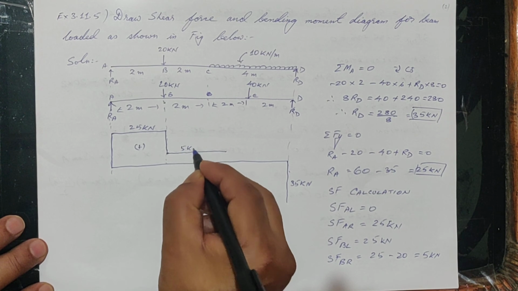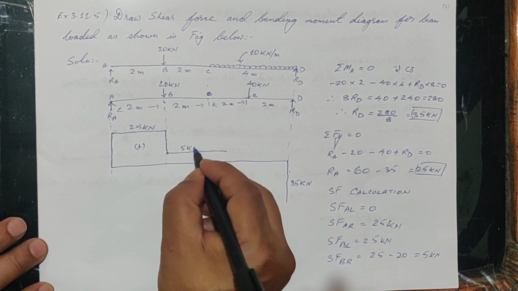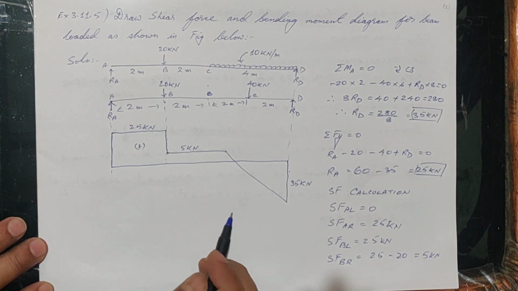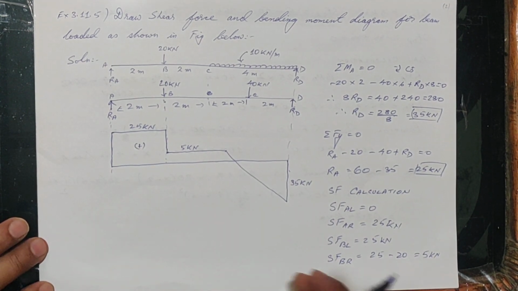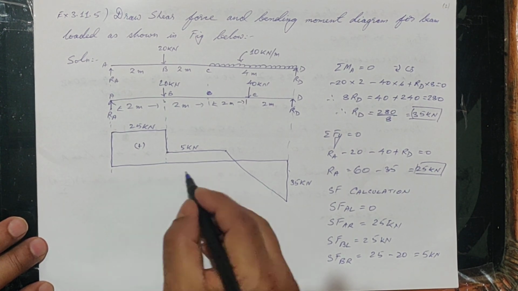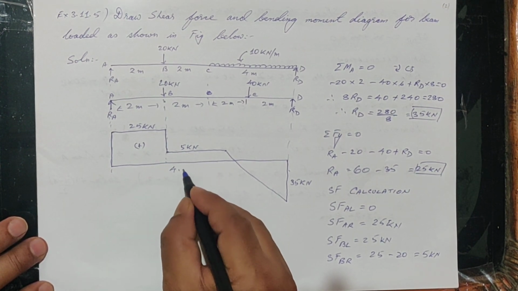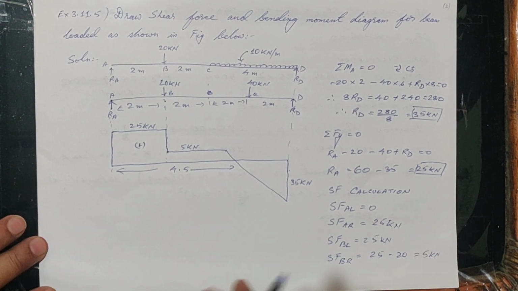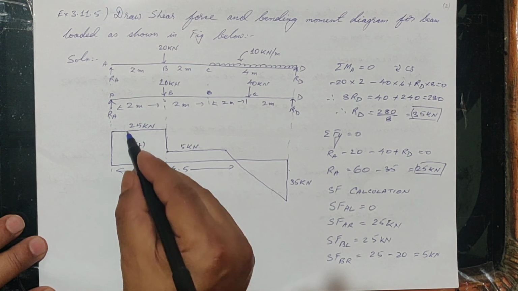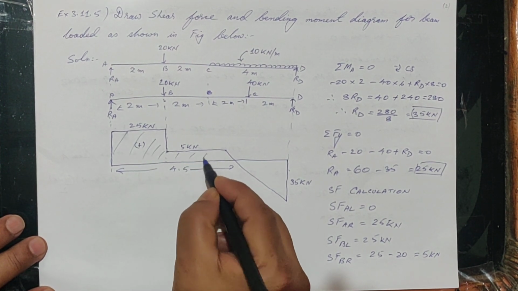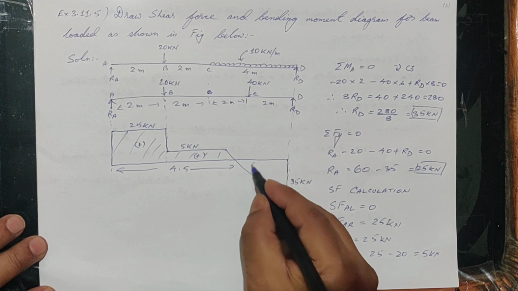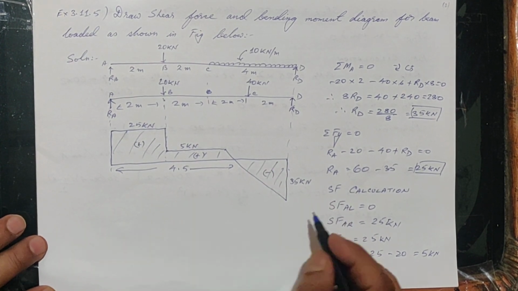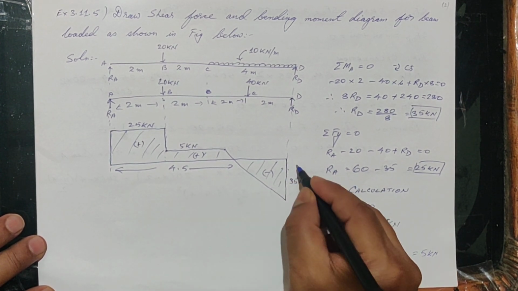So 5 kilonewton, it crosses over, and here this distance is 4.5 from A, where it crosses over. Here it is positive, here it is negative. Now this is our SFD.